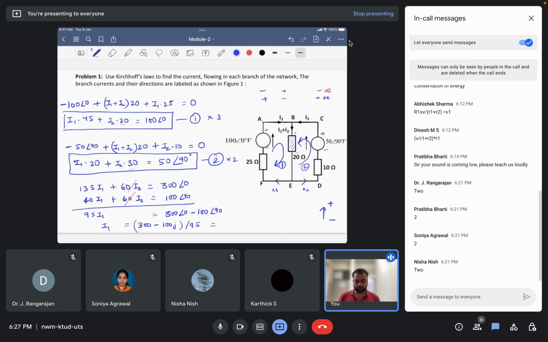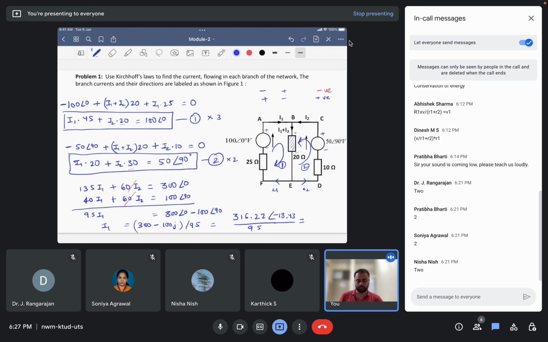So 300 minus 100j comes out to be 316.22, angle minus 18.43, divided by 95. If anyone has got the answer, please write in the chat box. I have already solved this problem, so from the next problem onwards please try to solve and write the answers.